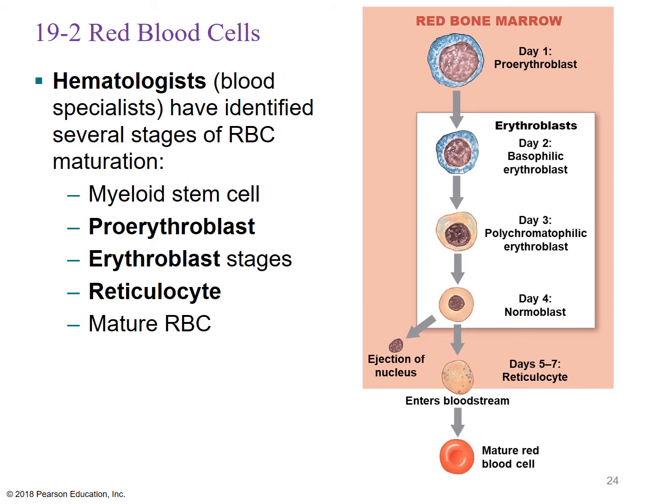The reticulocyte is basically an immature red blood cell. So whenever you see that word reticulocyte, just think immature red blood cell. It's going to spend a few more days inside of the marrow until it is mature. Once it is mature, then it will come into the bloodstream and out of the marrow.